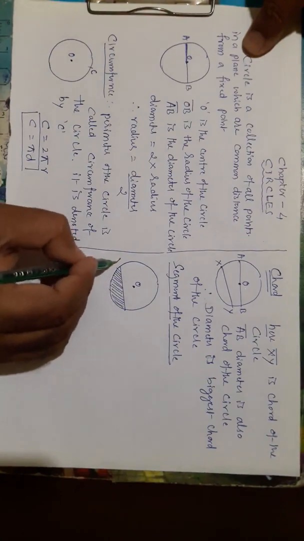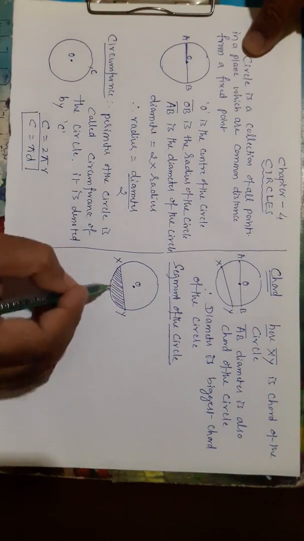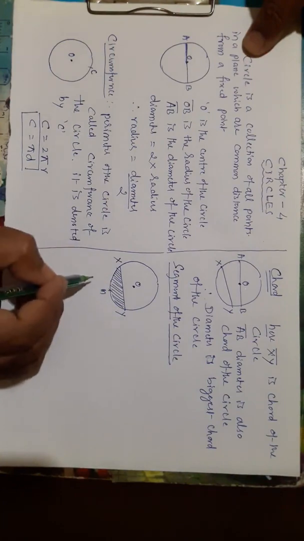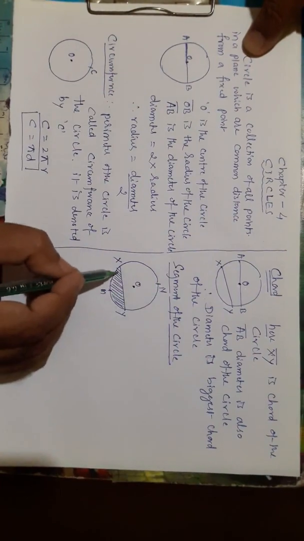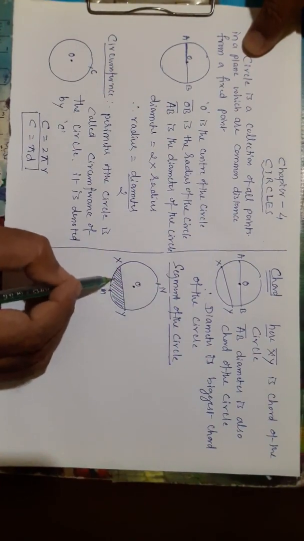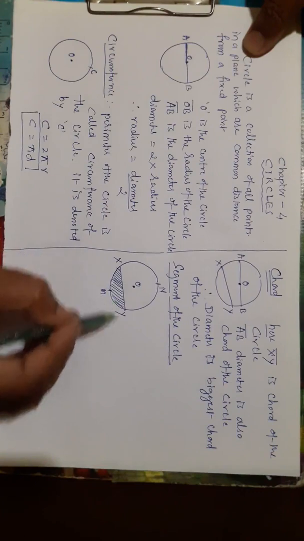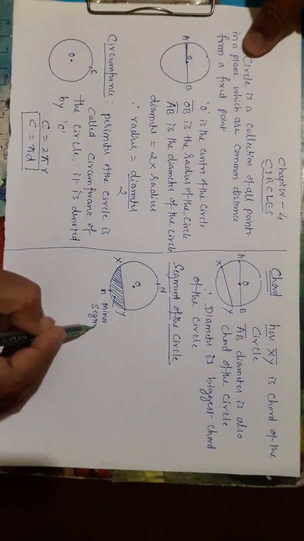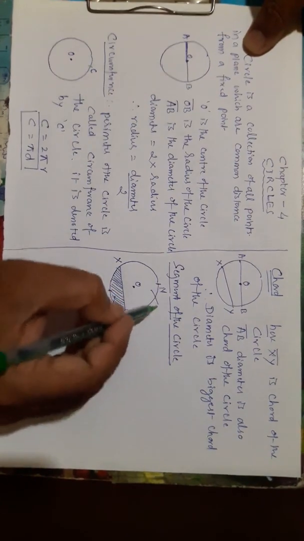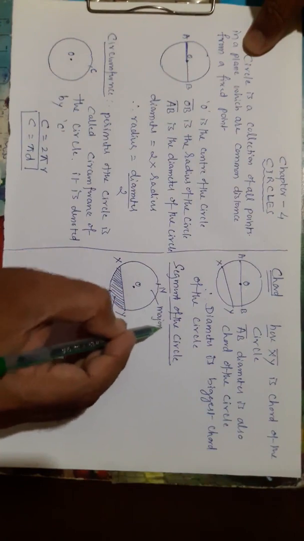It is X, Y, and this one is M, and this one is N. The shaded portion is the minor segment, and this one is the major segment.